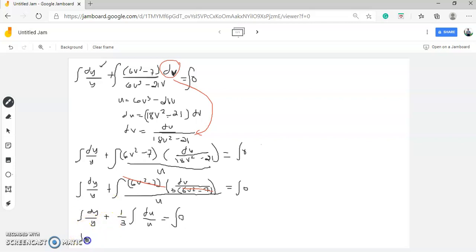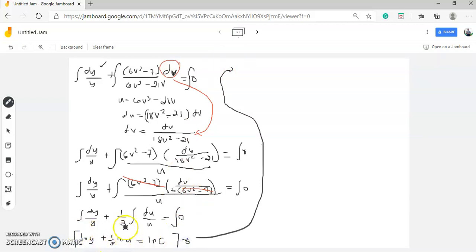So you have ln y plus 1/3 ln of u equals ln c. Let's multiply this by 3 so that we don't have fractions.